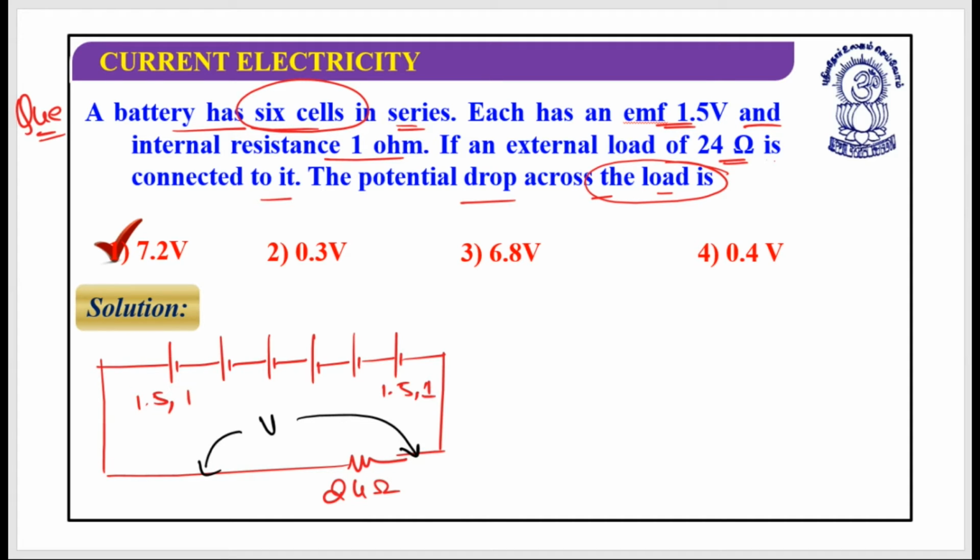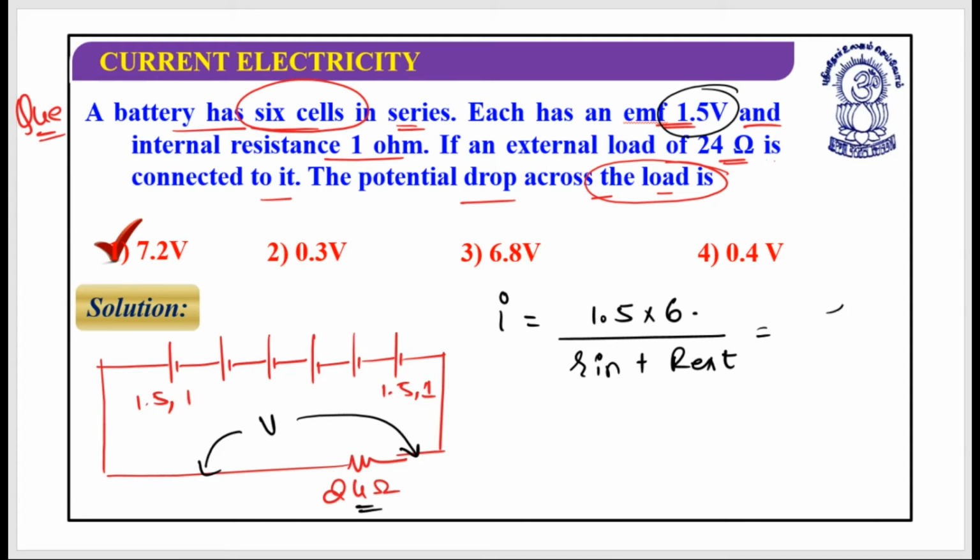First, let me calculate the current flowing through this circuit. So current I is equal to, there are 6 cells each of 1.5 volts. So source supply is 1.5 multiplied by 6, divided by R internal plus R external.